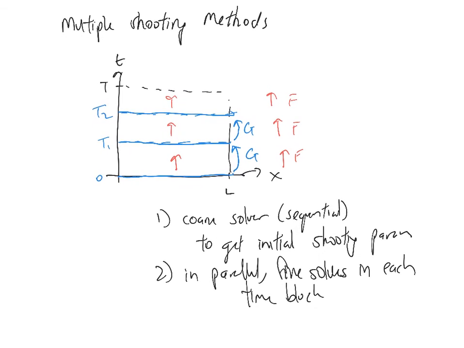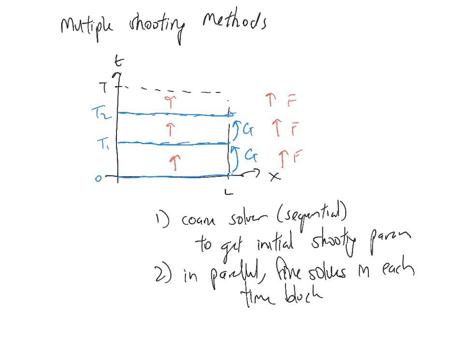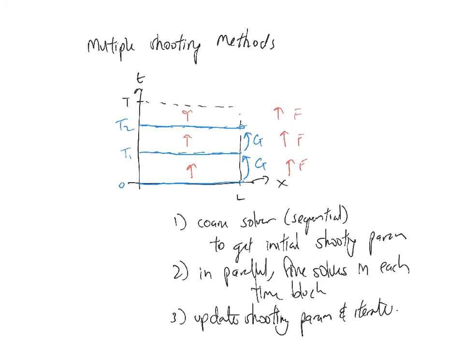And then we update the shooting parameters and iterate. And this really is the cartoon behind the multiple shooting methods.